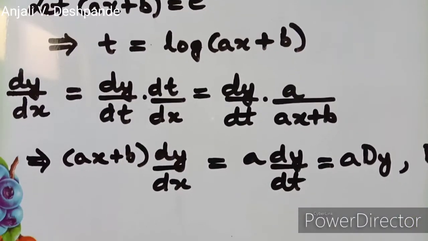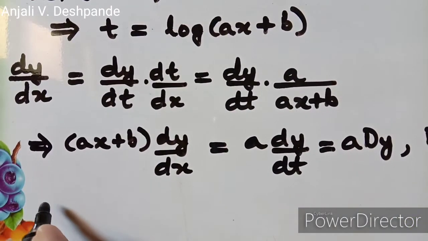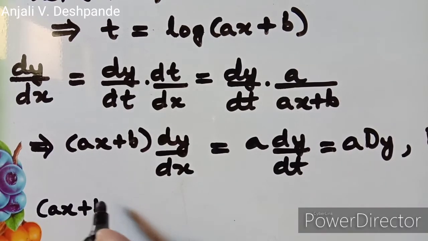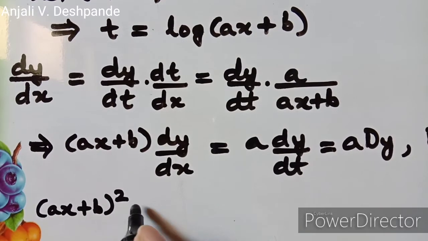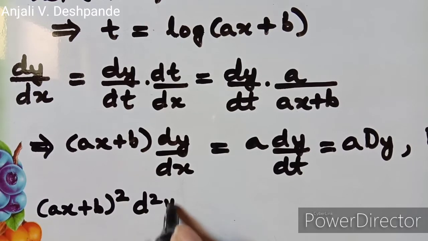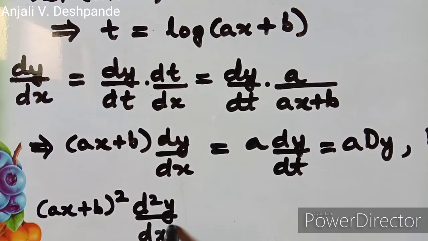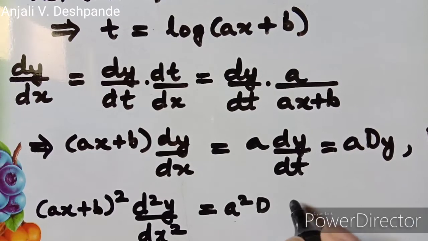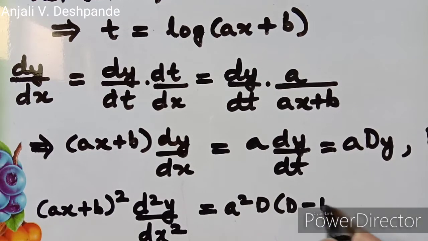So similarly we can find that (ax plus b) whole square d2y by dx square is equal to a square D into (D minus 1) y.